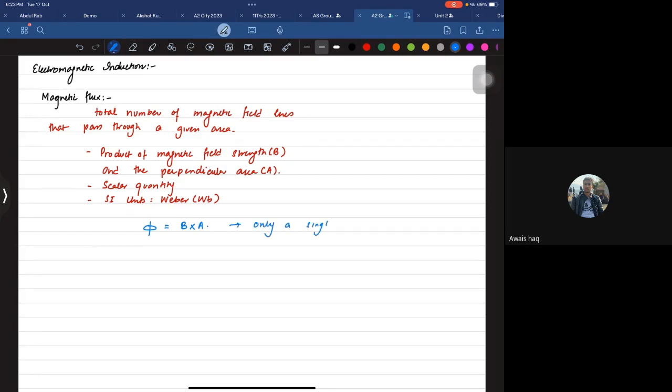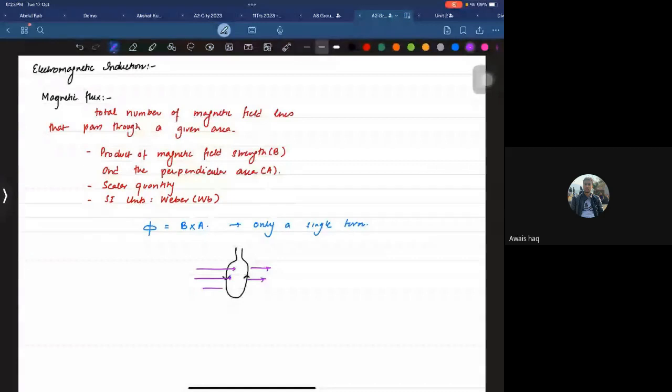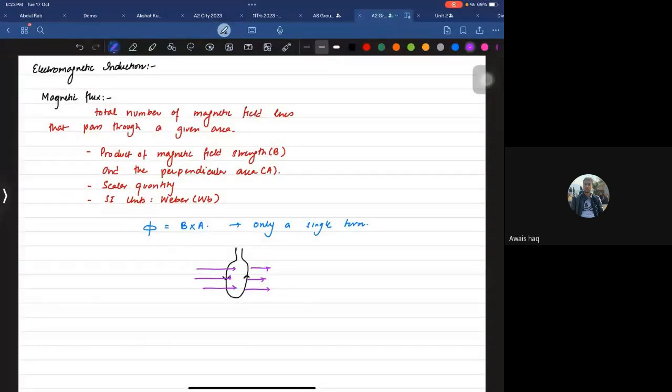a single turn. What I mean by this is, if you look at the wire, it sort of goes like this. Is it clear, everyone? And then the magnetic field is going through it, like that.